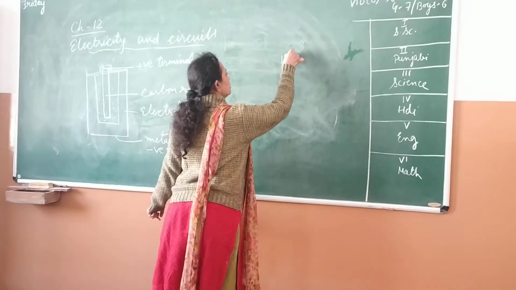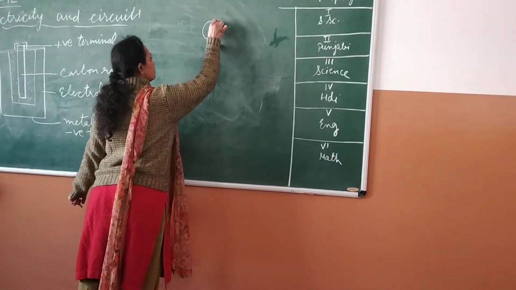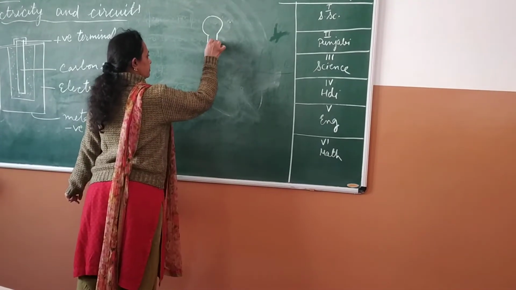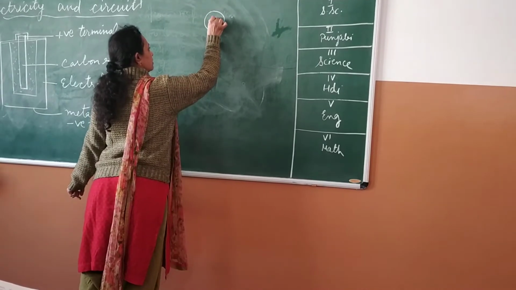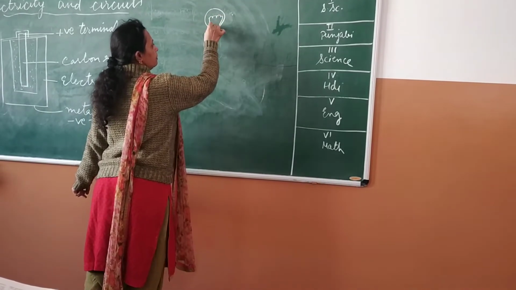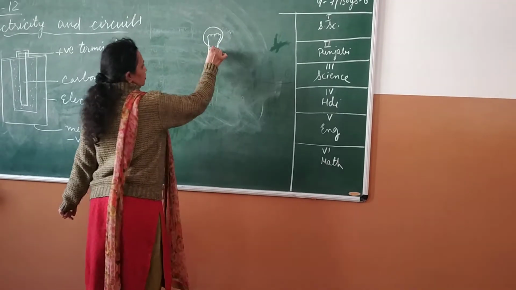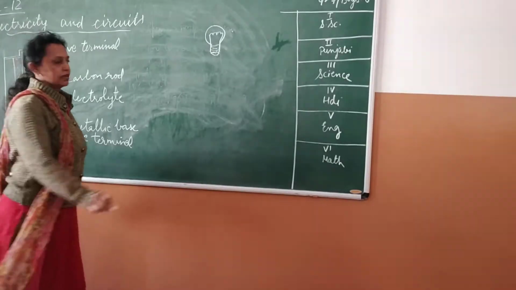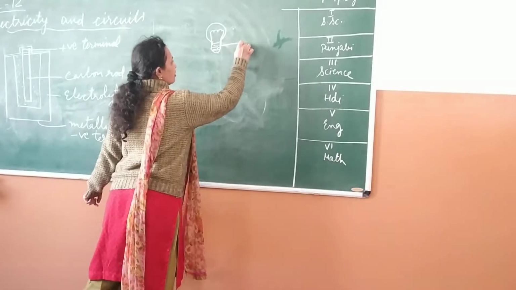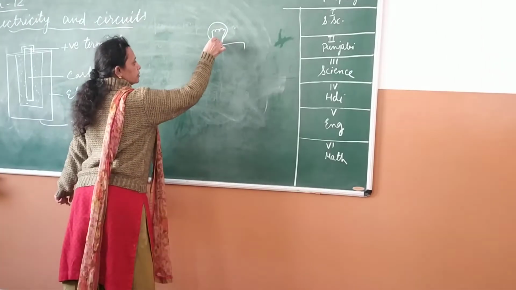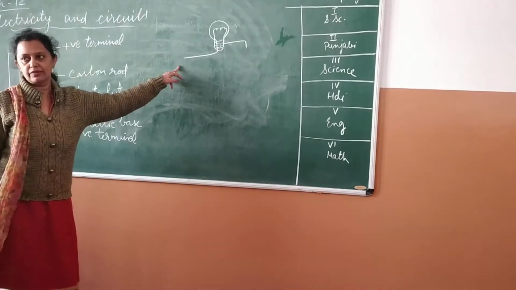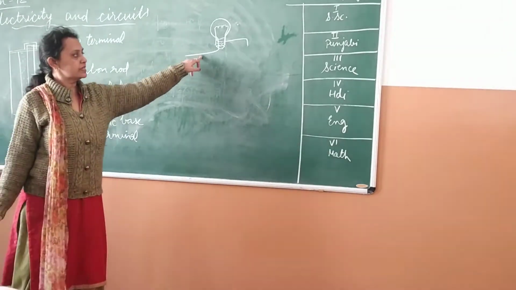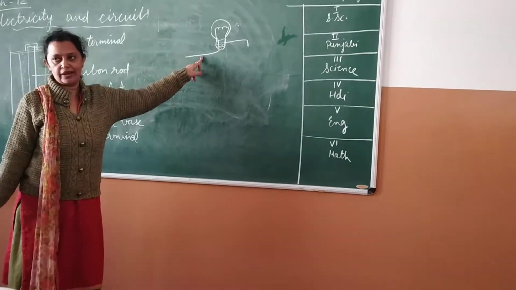First of all, we have done the bulb. Okay, you have to draw the torch bulb. One terminal of the bulb and its base makes the second terminal of the bulb. And this is the connecting wire.